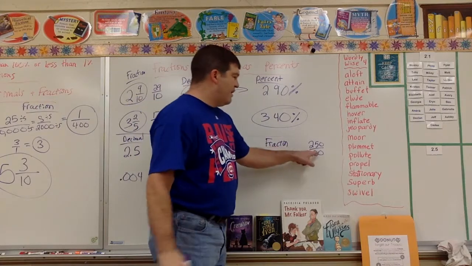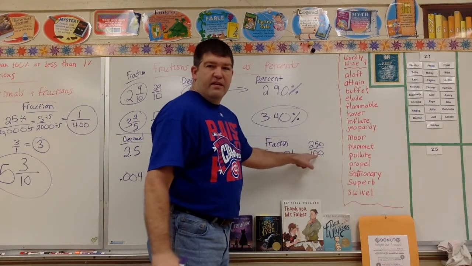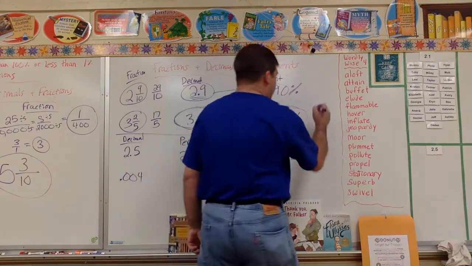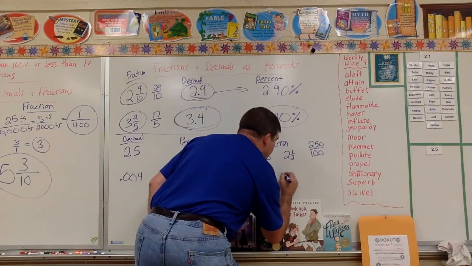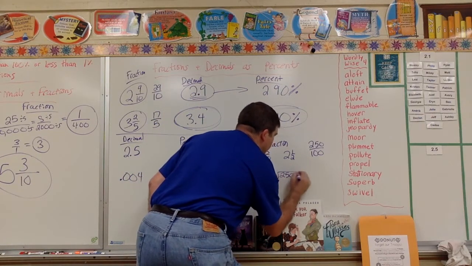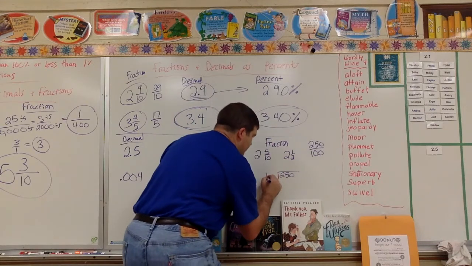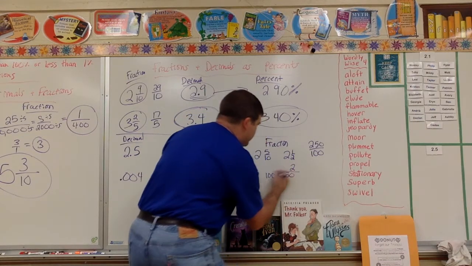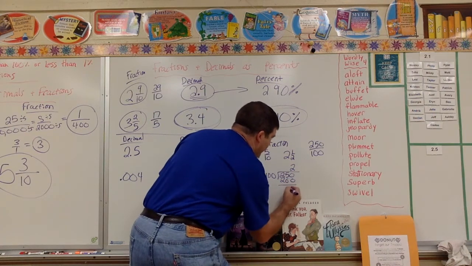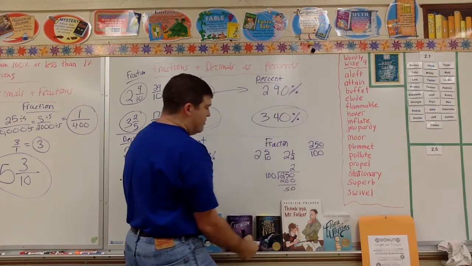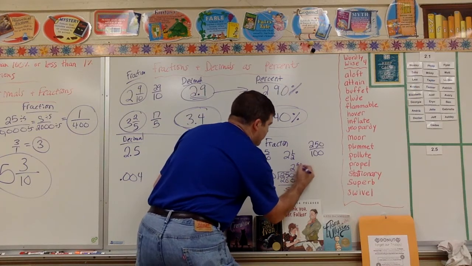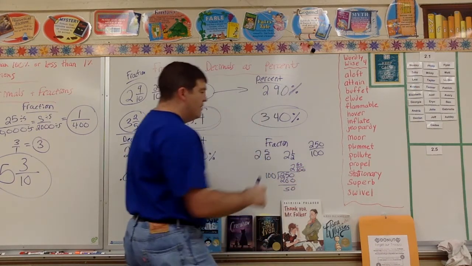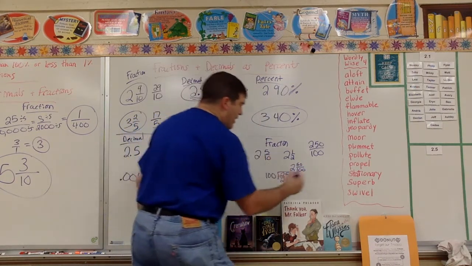Then I could divide this. Let's go right here. 250 divided by 100. Doesn't go on 2, doesn't go, so it goes 2 times here, that's 200. And then I subtract that out, nothing more to bring down. So it's 2 and 50, 100. 50, 100 is 1/2.